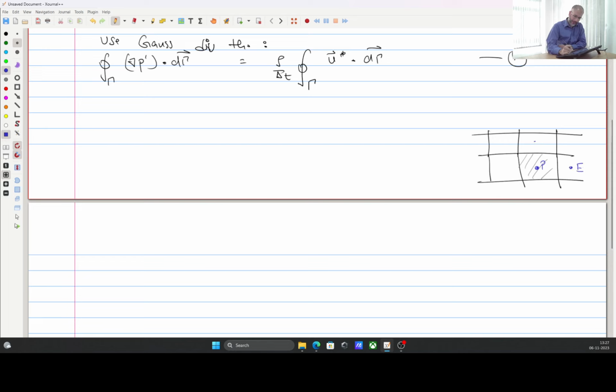Capital letters are used for nodal points, and small letters are used for boundary points, the faces. And so let's work with the left hand side of A first.